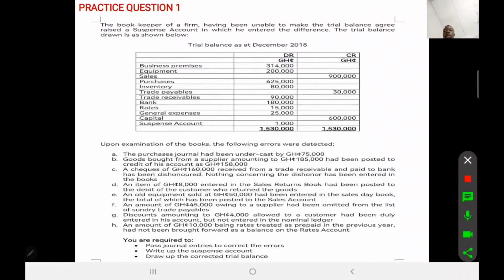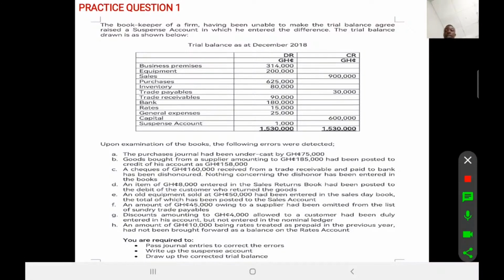So let's read. The bookkeeper of a firm, having been unable to make the trial balance agree, raised a suspense account in which he entered the difference.